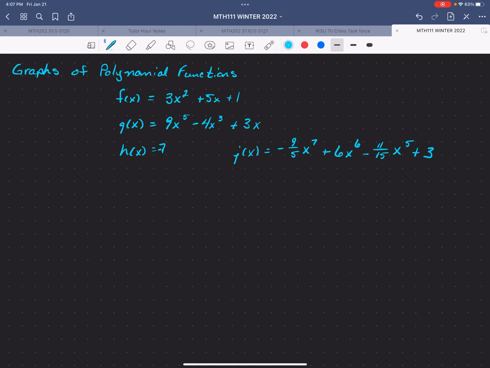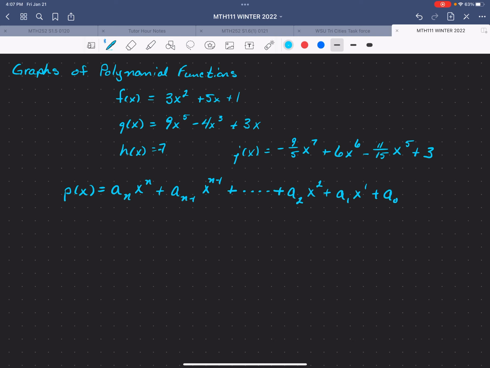So, in general, a polynomial function looks like anything that can be written as a sub n times x to the n. Now, don't let these n's freak you out. They are just counters. All this is saying is if you've got something that looks like a sum of numbers times variables raised to positive powers, or to non-negative powers to be more accurate, then you have a polynomial.